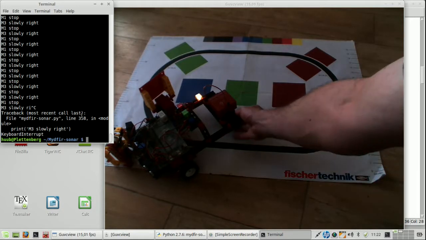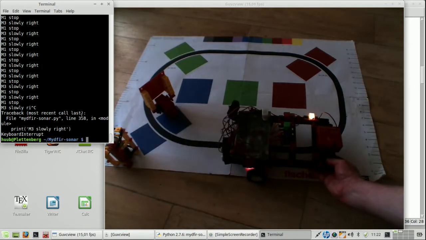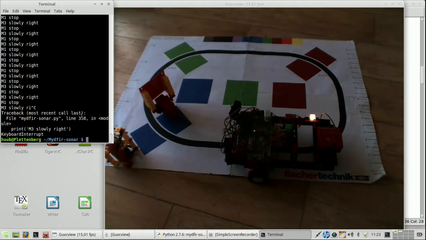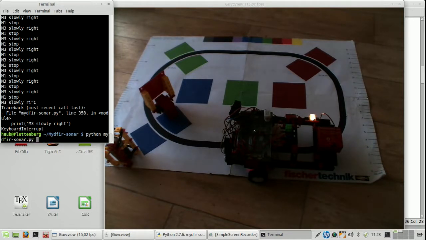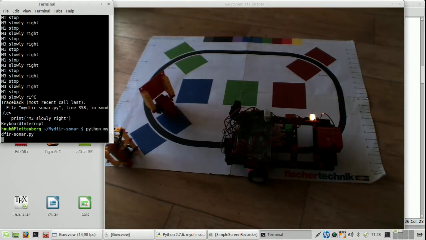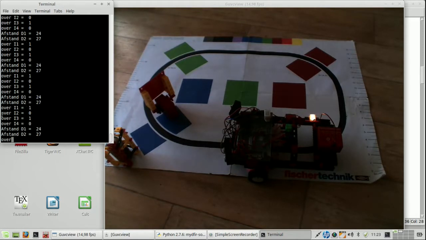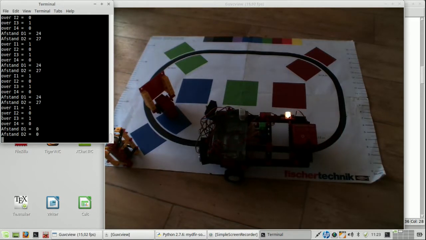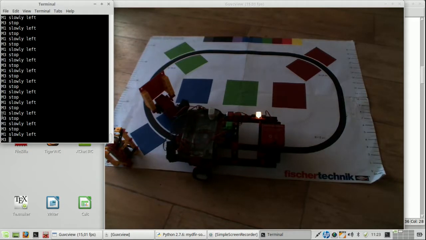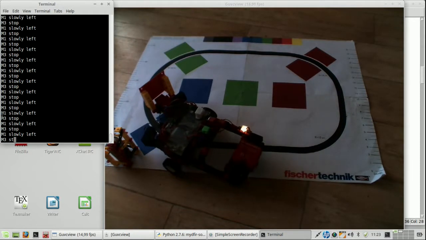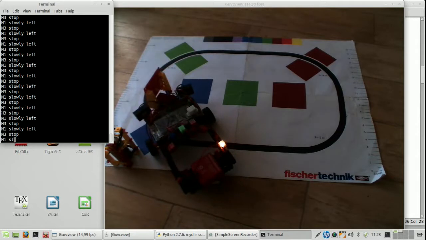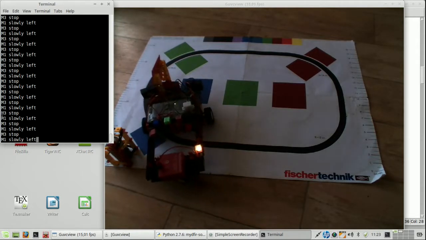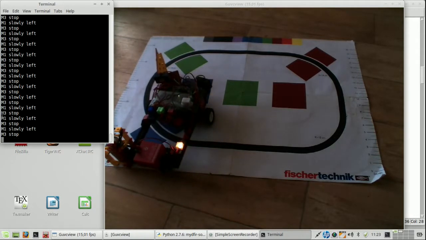So let's do it again. See how long it takes. Line correction. Yes, it follows the line, loses it. Yep.